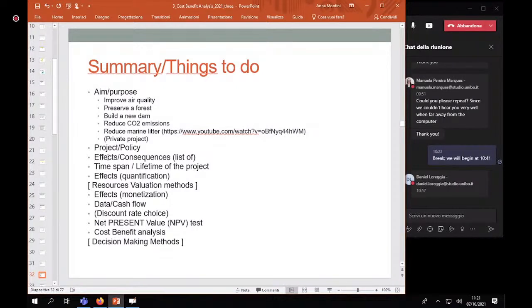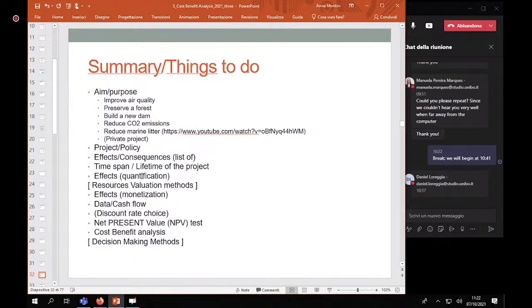I have to identify the list of the effects, the list of the consequences. I have to identify the time span, so the lifetime of the project. I have to estimate quantitative figures for the effect, for example, as in the example of the transport, of the different transport modality that are able to link the two towns, new highway with buses and new railway, okay, new railway.